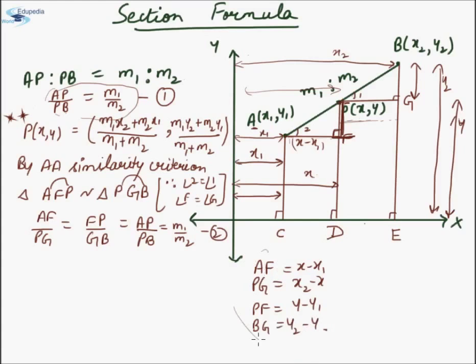Let us substitute these values in equation 2. We get (x minus x1) over (x2 minus x) is equal to FP, and PF is one and the same thing, so (y minus y1) over GB or BG, which is (y2 minus y), is equal to AP over PB, or we can say m1 over m2.